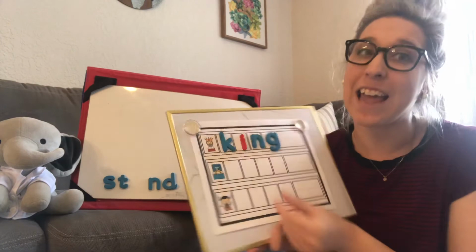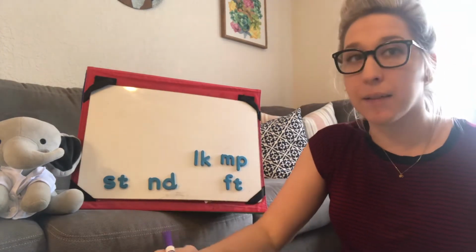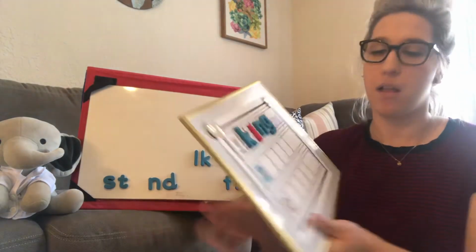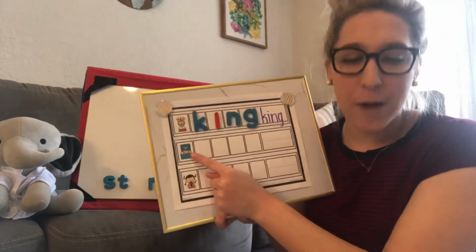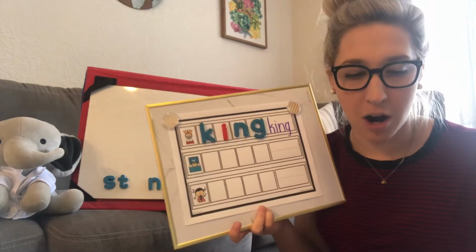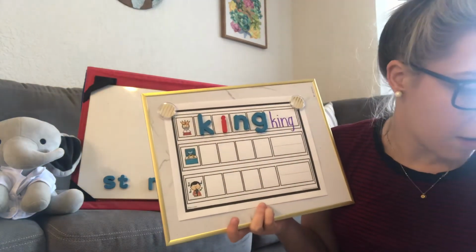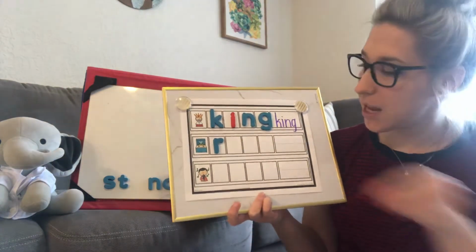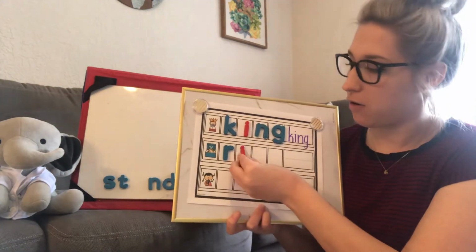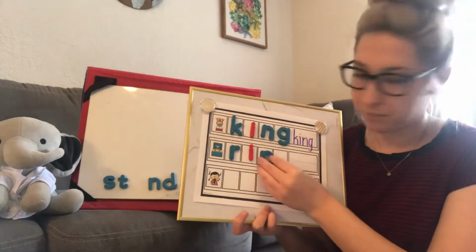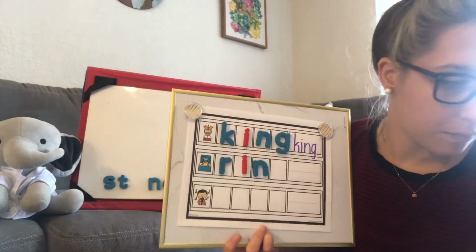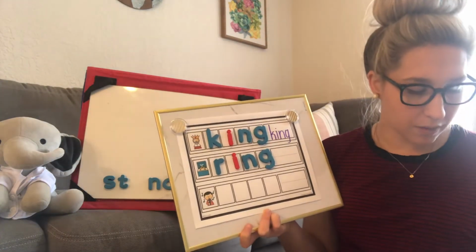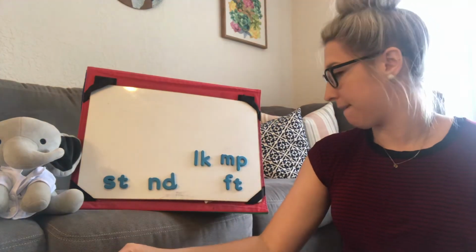So king. That is a ring. R, very good. Ing. So what is it again? Ring. Very good.